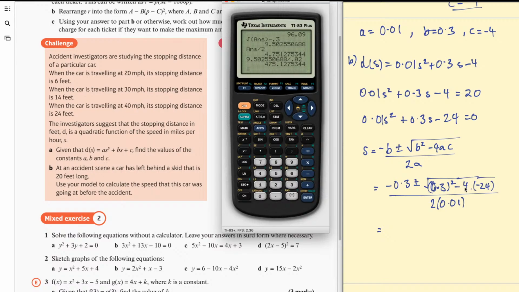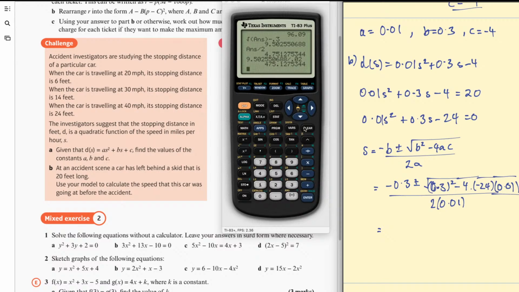This is a positive. -4 times -24. That's a positive 96 plus 0.09. Have I? That's fine. And then I've got to have the A in here as well.